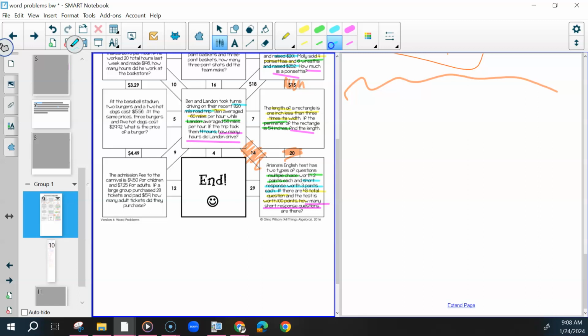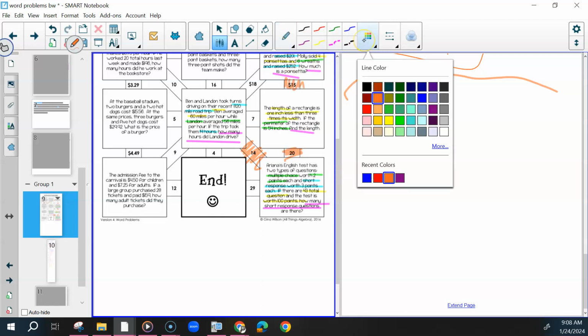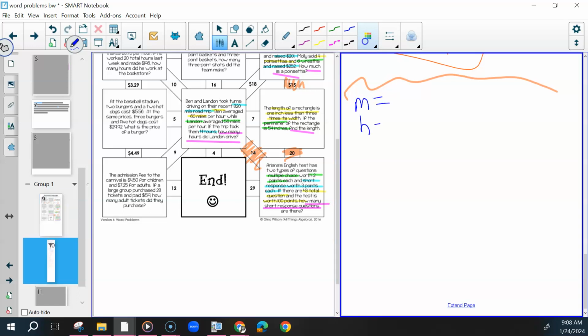Okay, so then we need two variables. What do we want to call them? Aiden, give me two variables. M and H. Now we have to say which one is which.